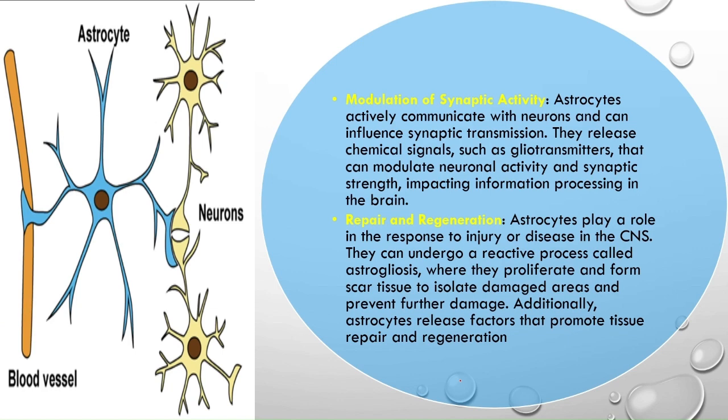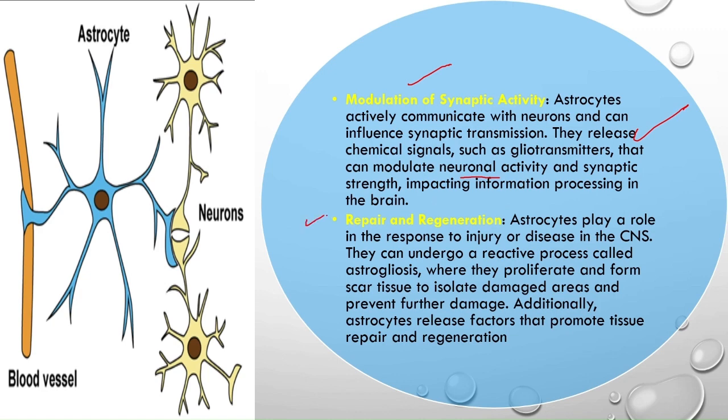The other function is modulation of synaptic activity. Astrocytes communicate with neurons and can influence synaptic transmission, and they release chemical signals such as glial transmitters that can modulate neuronal activity and synaptic strength, impacting information processing in the brain. So it is very important for modulation of synaptic activity.